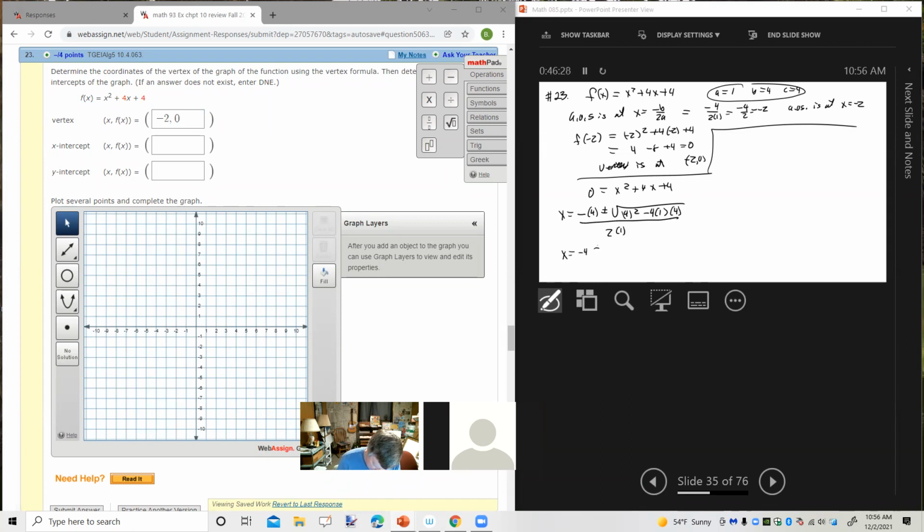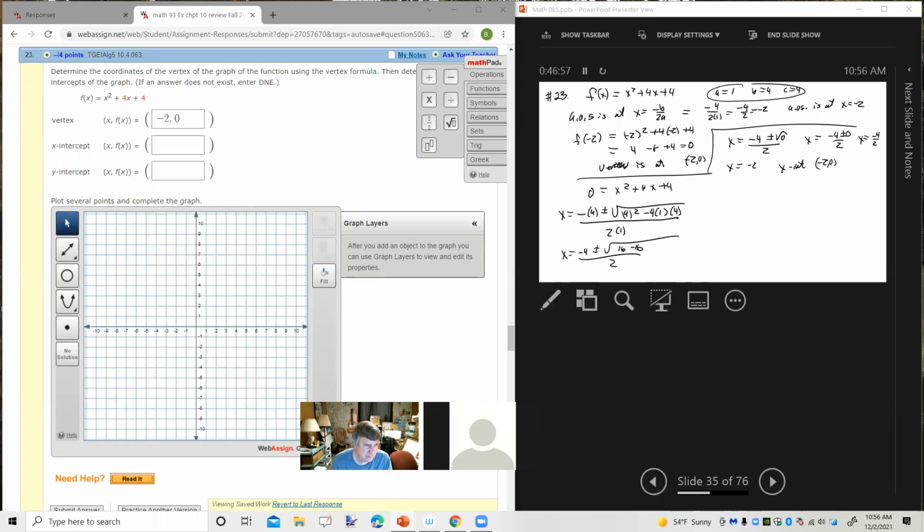X equals negative 4 plus or minus the square root of 16 minus 16 over 2. X equals negative 4 plus or minus the square root of 0 over 2. X equals negative 4 over 2. X equals negative 2. So x-intercept at (negative 2, 0).